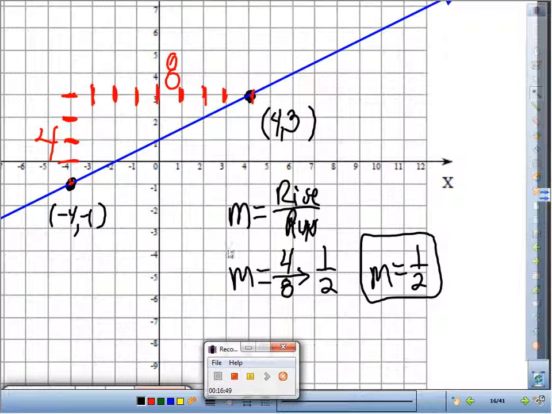I'm going to use, let's see, negative 2. Okay, negative 2, 0. So everybody get this one, plot this point. And I'm going to pick the next one. I'm going to pick one way over here. 10, 6. So label your coordinates, 10, 6, negative 2, 0.